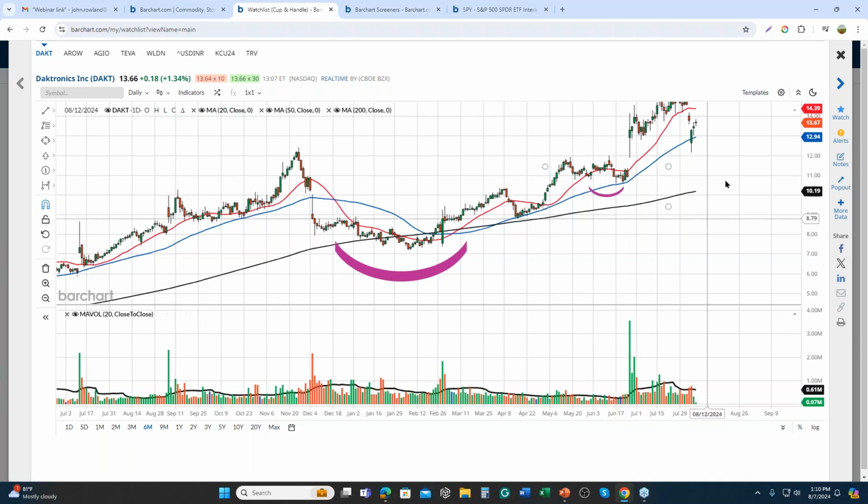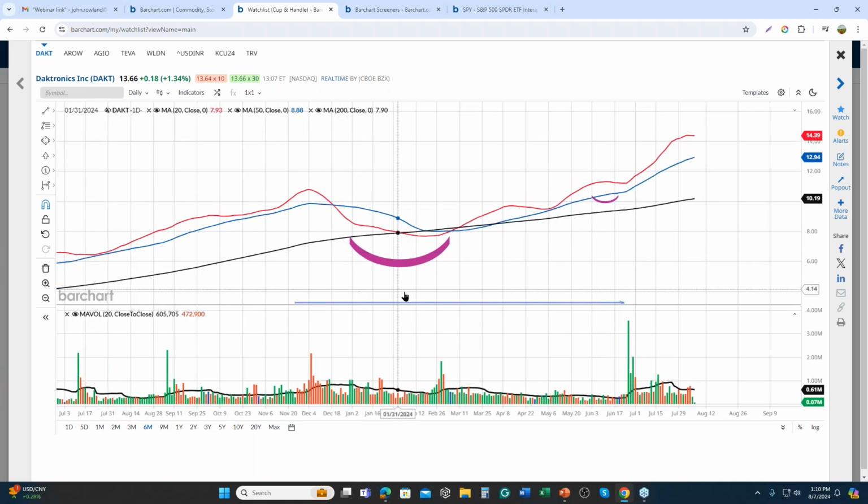But one of the things that we can do is, the human eye likes to look for patterns, but sometimes the patterns aren't as accurate, or we're not really seeing that textbook, pure rounded bottom. So that's why moving averages come in to help us in this process. Let me take away the randomness of price, and now we're just looking at our moving averages.